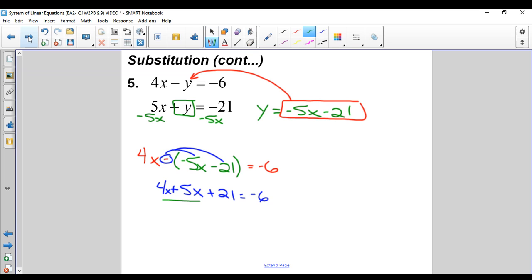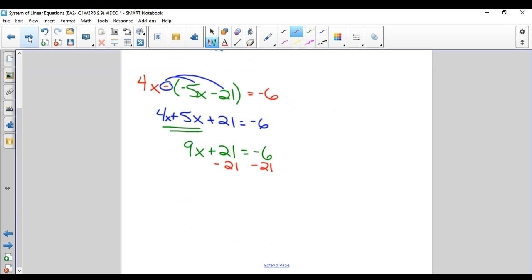Clean things up first is what I like to do. You can do it kind of whatever steps you want from here. Subtract 21. We get 9x equals -27. Divide by 9. X equals -3.